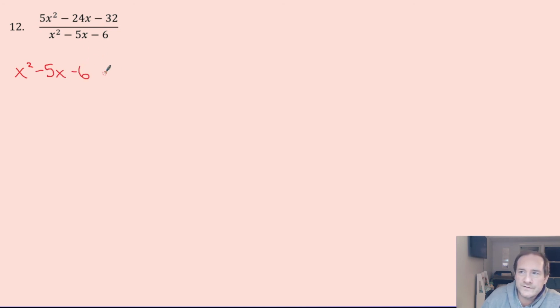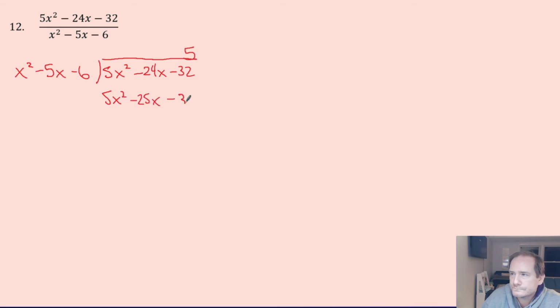We gotta do long division, because even having degrees that are the same is bad. You gotta have a degree that's less. So minus 24x. Alright, obviously 5x squared divided by x squared is 5, so we get a 5. You distribute that 5, and you subtract.